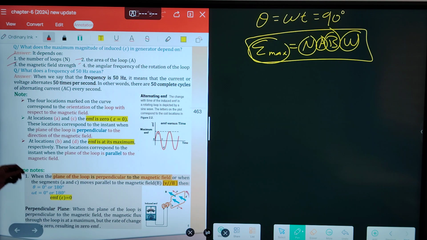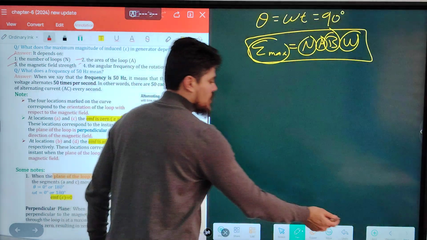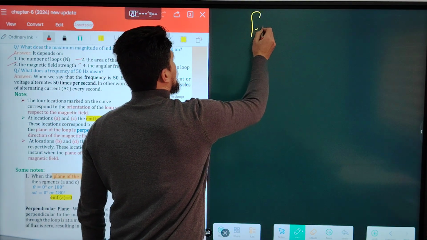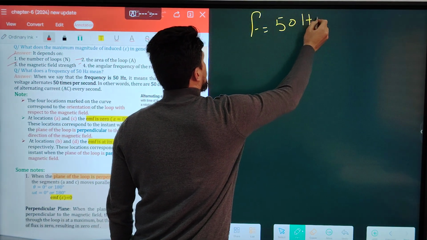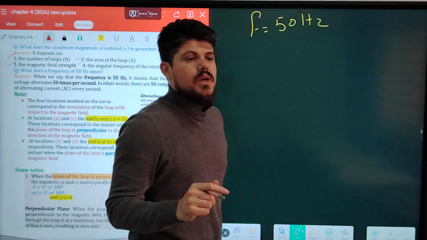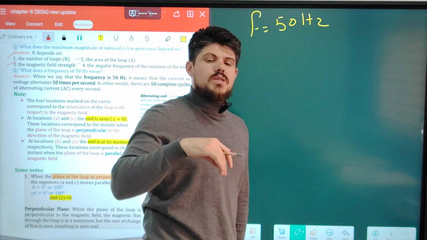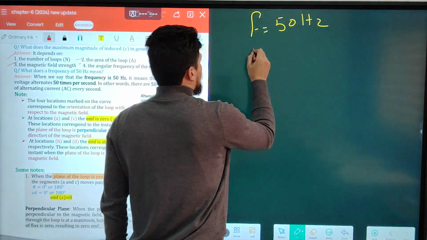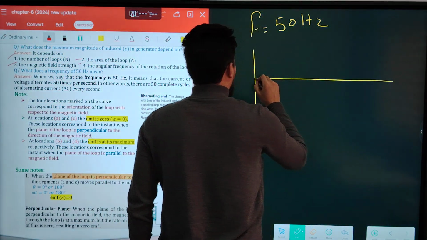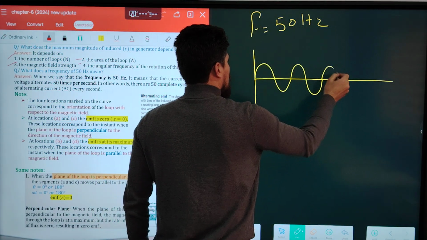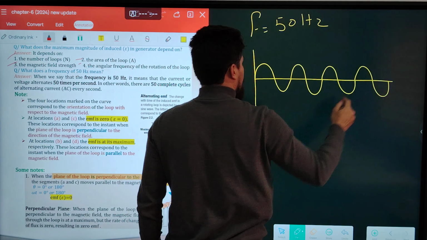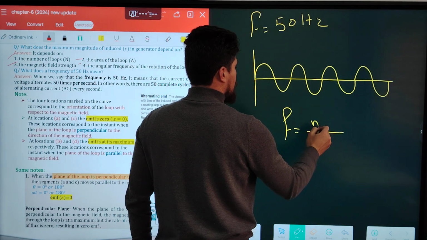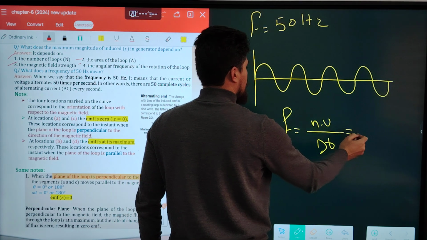What does a frequency of 50 hertz mean? It means that this current goes up and down 50 times in 1 second, 1, 2, 3, 4, until 50. Why? Because frequency is the number of vibrations per unit of time.